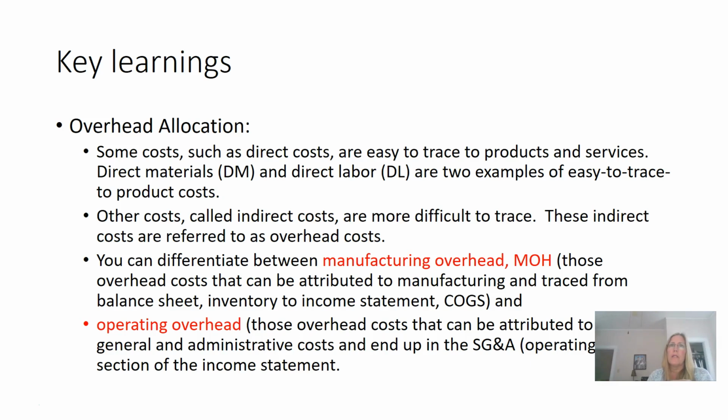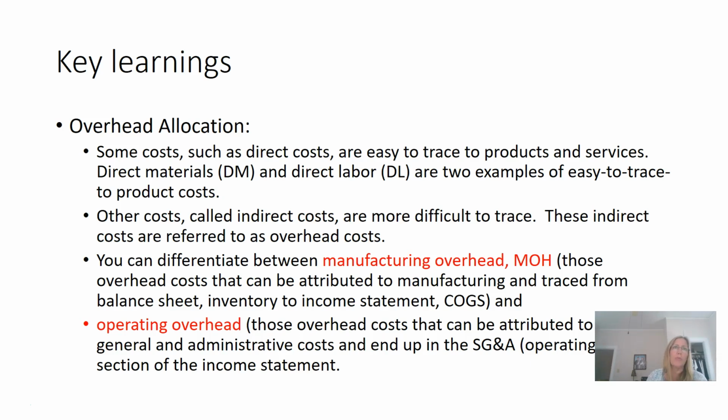The more sophisticated techniques involve taking the total overhead that you treated as a bucket in total, and you break it down into similar costs. In other words, costs that behave in the same way. So some of them might relate to, let's say, taking care of the machines: machinery depreciation, maintenance on the machines, supervision for different machines.